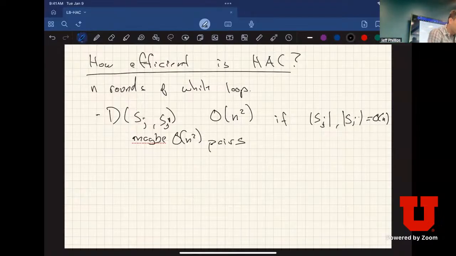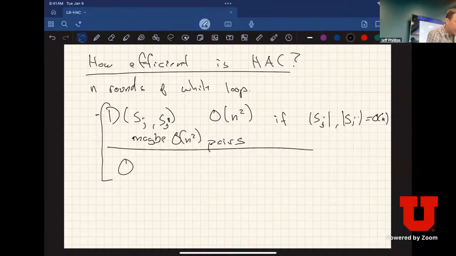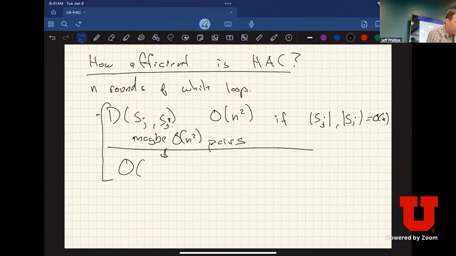So this whole step inside of here takes O of n squared time, and this is basically for almost any measure I use. If I use a Wasserstein measure where I have to find the best matching, it could take longer. But otherwise this internal step takes at most n squared time, because I can just compute that distance matrix and look at every pair of points at most once, and there's at most n squared of those, whether it's a min or a max or an average.